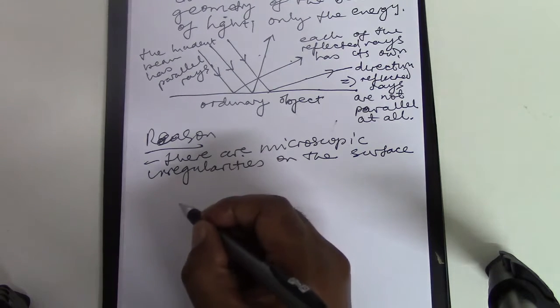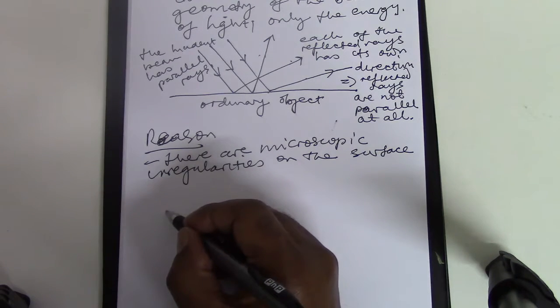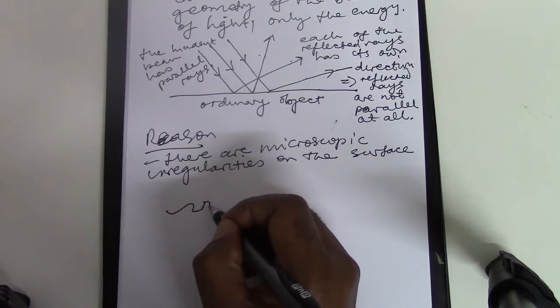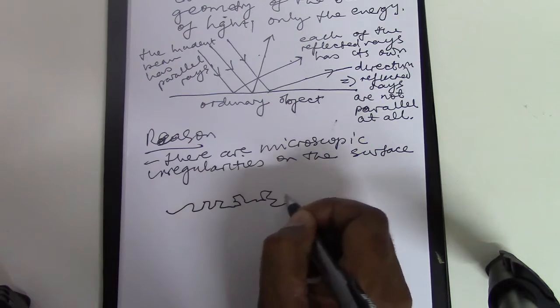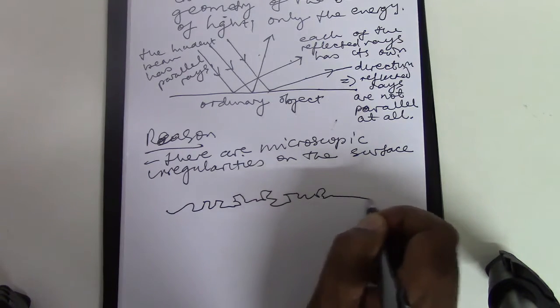Meaning to say the surface really will probably be like this, like that, like that.